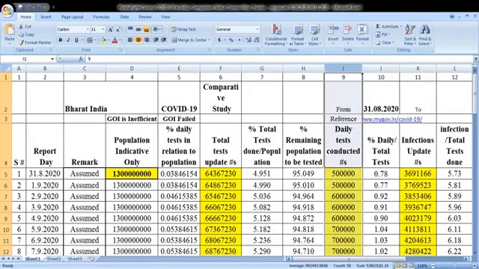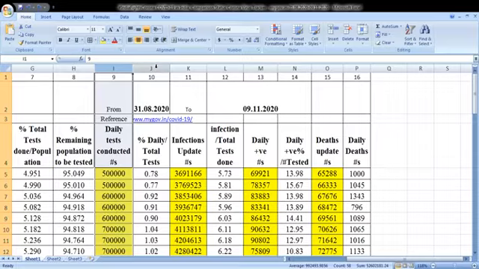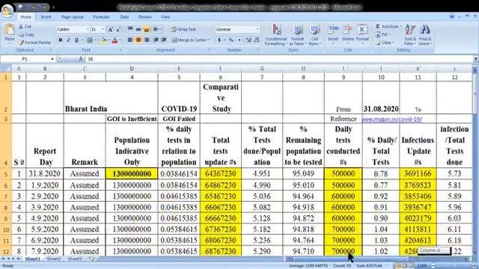This is free information from government website, and this is a calculated column, and this is free information from government website. This is what is actually behind this.